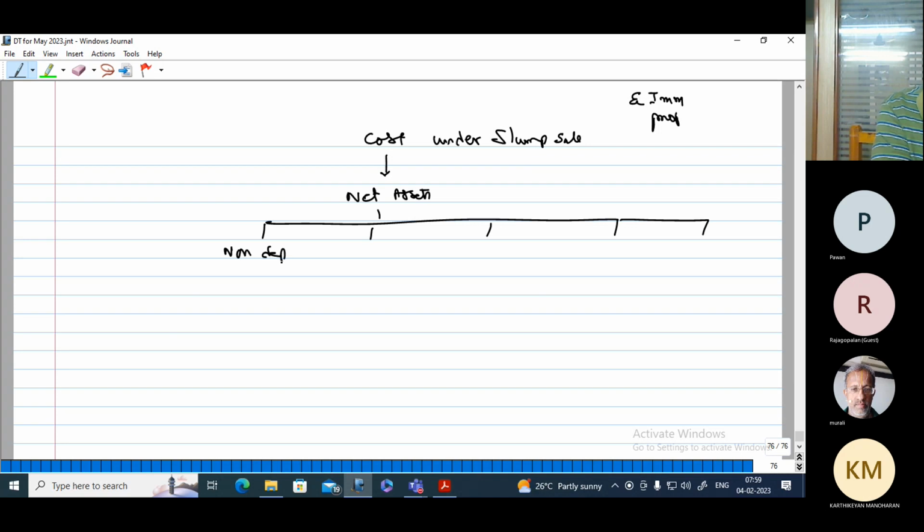Non-depreciable assets, depreciable assets, self-generated assets, then assets written off 100% in Income Tax Act, but appearing in the balance sheet.